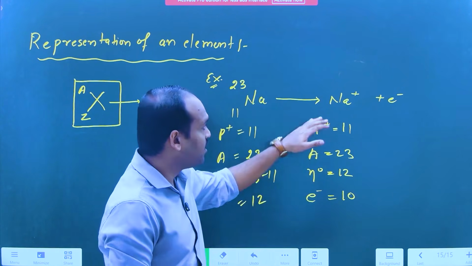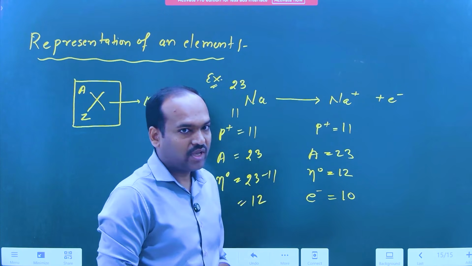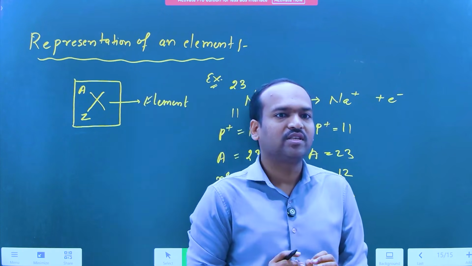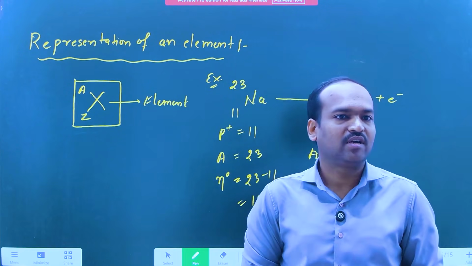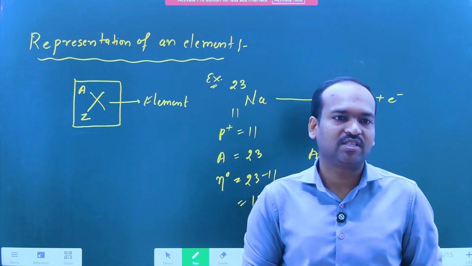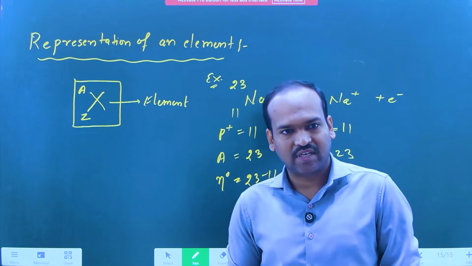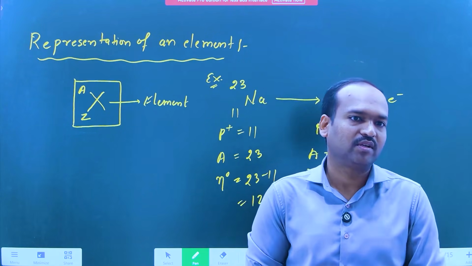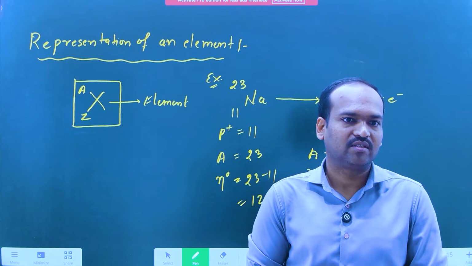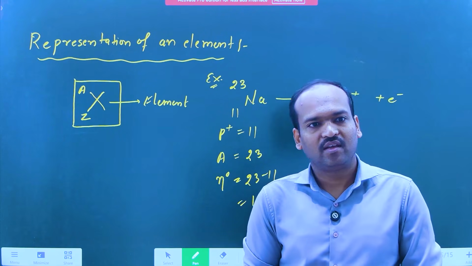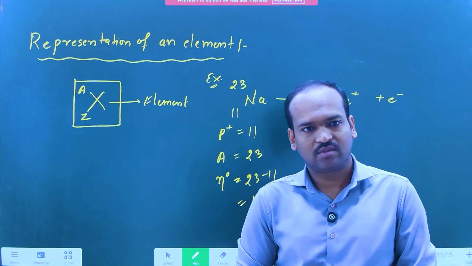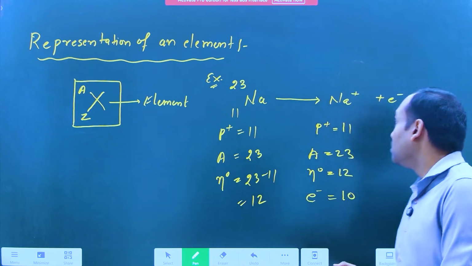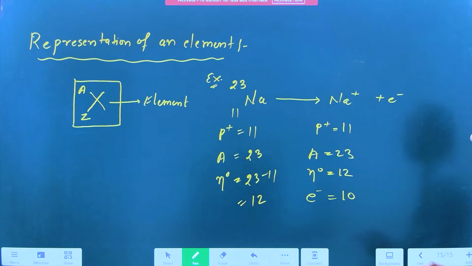So net charge of sodium ion is plus 1. If I ask what is the nuclear charge on a sodium atom, you will say the nucleus has plus 11 charge and electrons have minus 11 charge. That's why the total atom is neutral. I hope it is clear. Total 11 protons, 11 electrons.